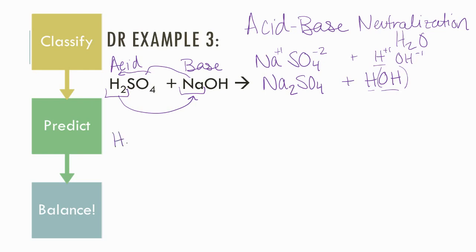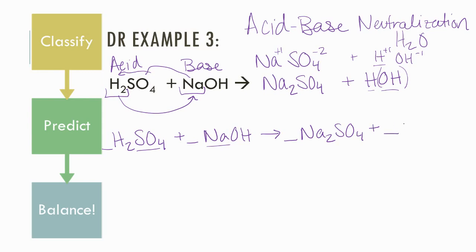So H2SO4, that is sulfuric acid, plus sodium hydroxide is going to make sodium sulfate, which I wrote the proper formula for, and hydrogen hydroxide, also known as water.